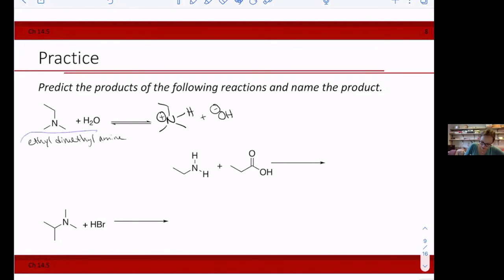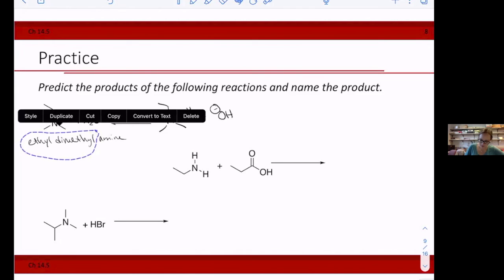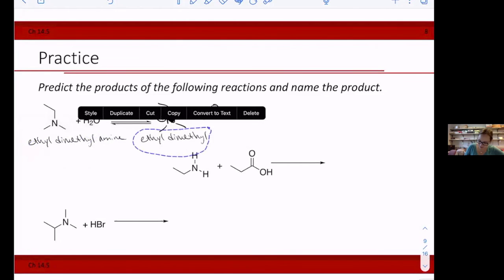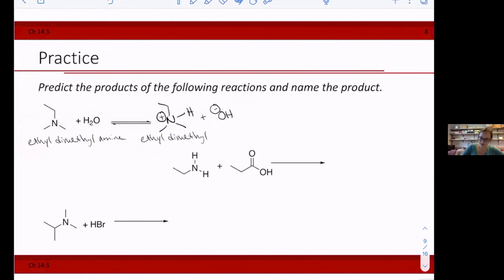So in order to name our ammonium ion, in this particular case, we're going to have that same name, ethyl dimethyl, and then put ammonium ion in replacement of amine. So that whole name there is the name of that product.